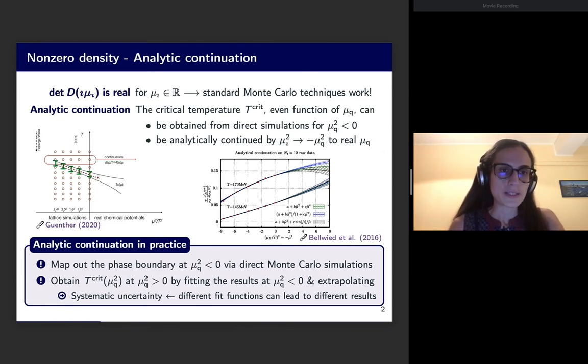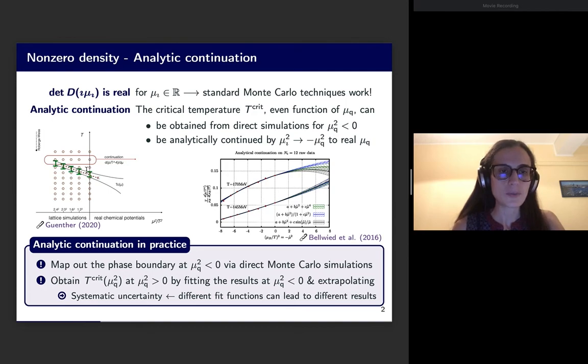So it really works in practice like represented in this sketch, that you can map out the phase boundary in this half plane where lattice simulations are doable, because this is the negative half plane for mu squared over T squared in this sketch. And this you do by direct Monte Carlo simulations, collecting this set of points that corresponds to the transition temperature.